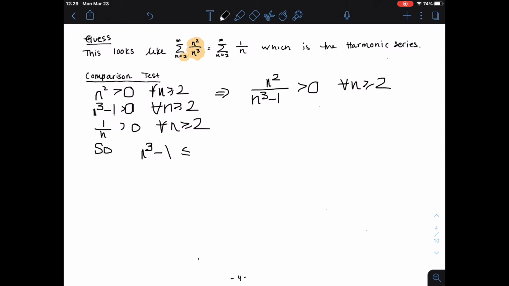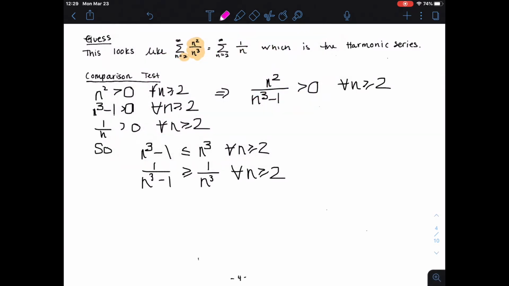This is less than or equal to n cubed for all n greater than or equal to 2. So when you take the reciprocal, our denominator in a fraction becomes greater than 1 over n cubed for all n greater than or equal to 2.